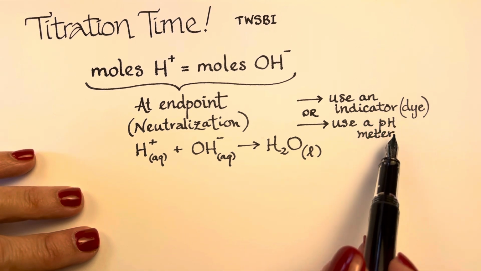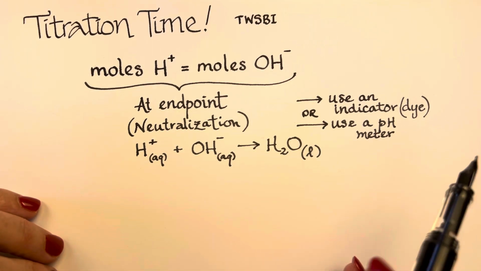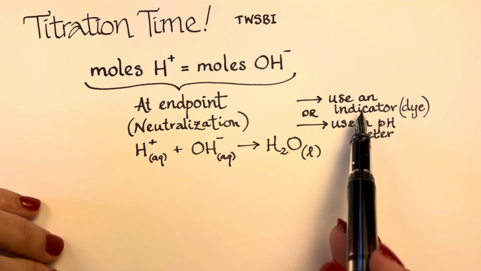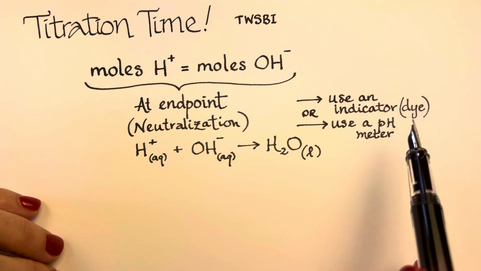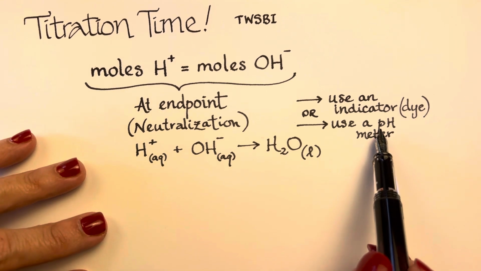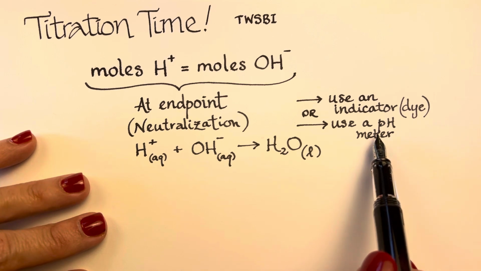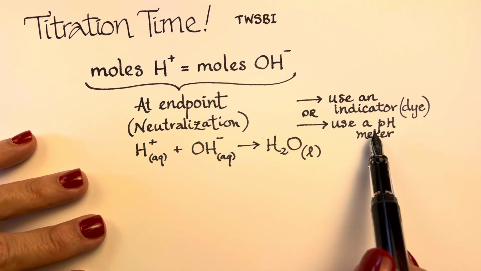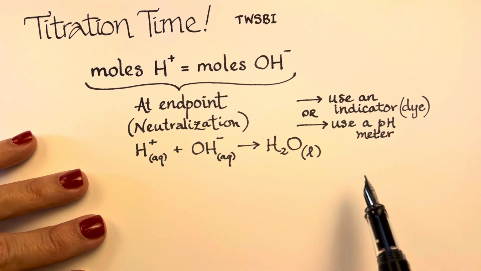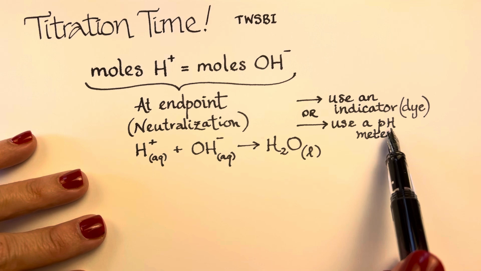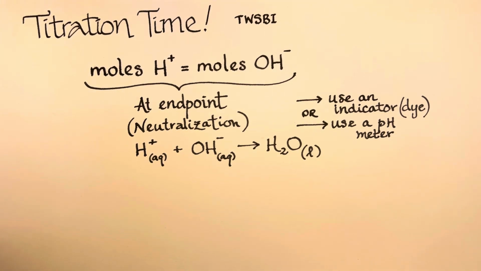So you need to know the system that you're working with in order to appropriately select the indicator dye that you want, or to understand what is the pH that you're looking for. And it's actually really fun to follow the pH as you are titrating, and you can see how the pH changes as you put in your titrant. Okay.